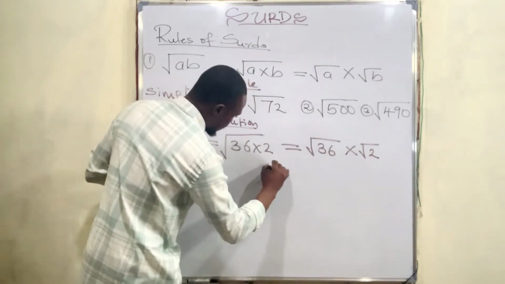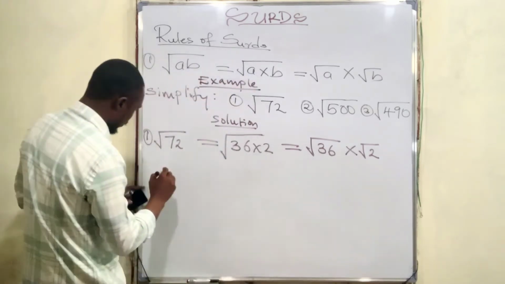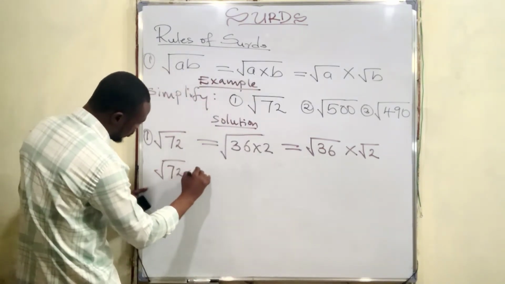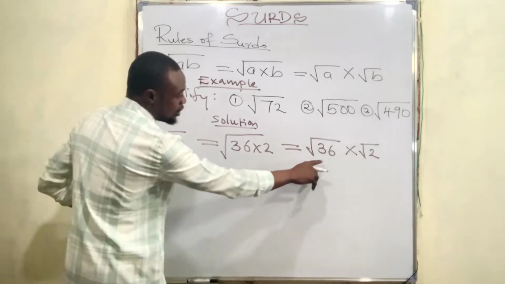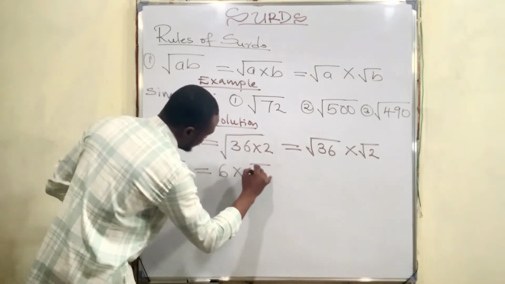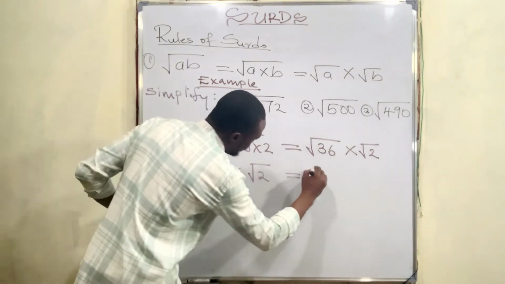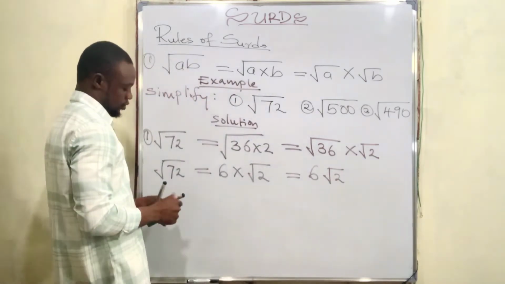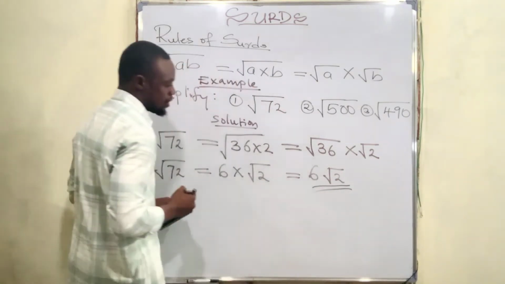So the root of 72 is equal to what? The root of 36 is 6. So we now have 6 times the root of 2, which is equal to 6 root 2. So this is our answer.